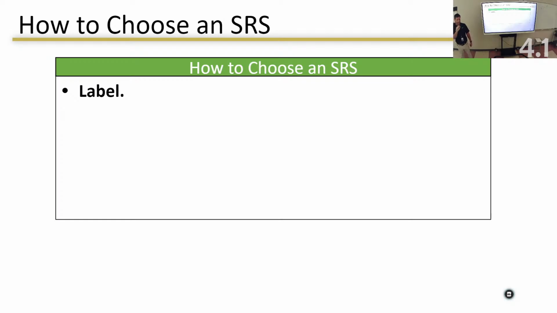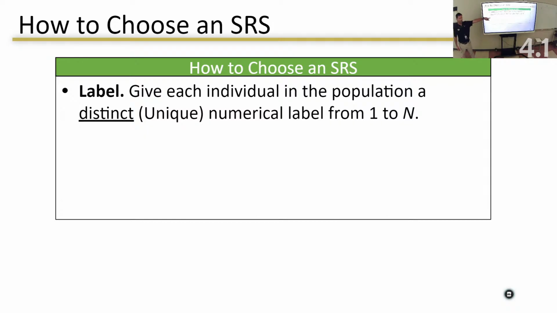So put your student ID number on a piece of paper, put those into a hat, mix them up thoroughly, and pull out however many, one at a time. That is my sample. So give each one a distinct number or a unique name, whatever it is, to make sure they're different from everybody else.